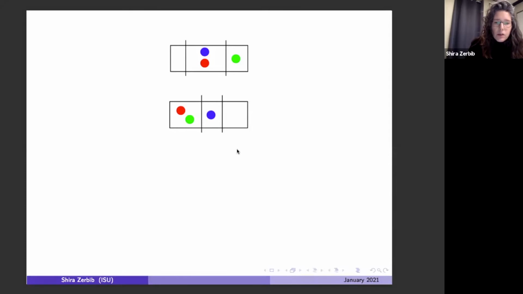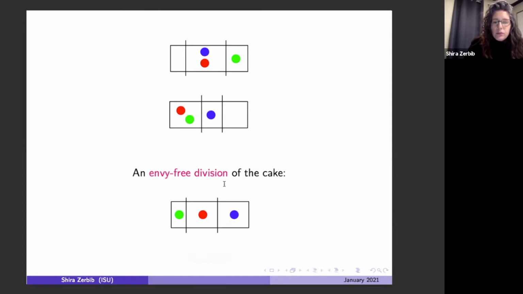What I'm looking for is an envy-free division of the cake, namely a partition in which each of the players prefers a different piece. And let me just mention here that a player can have more than one piece that he prefers best.